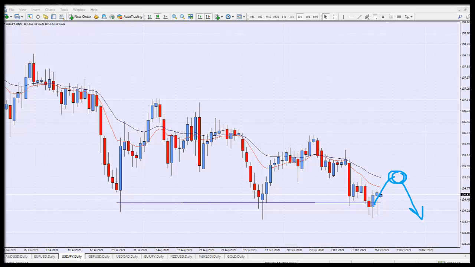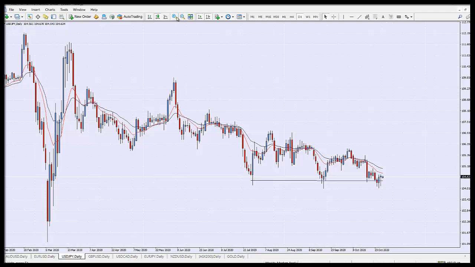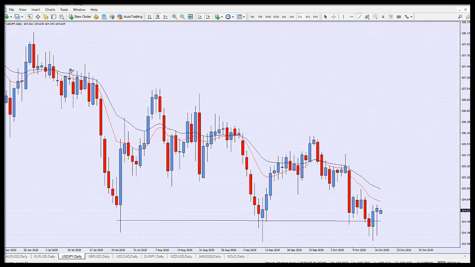Now what we can also do is possibly draw a line at the top. This line that I'm drawing here is just indicative, so that you have an idea of where to expect the return down.